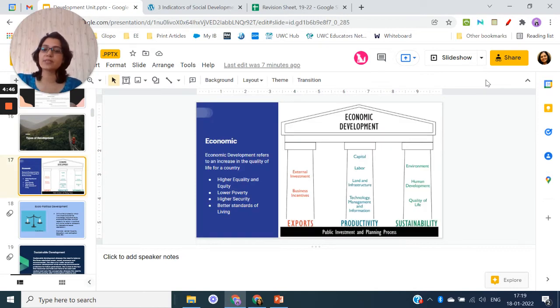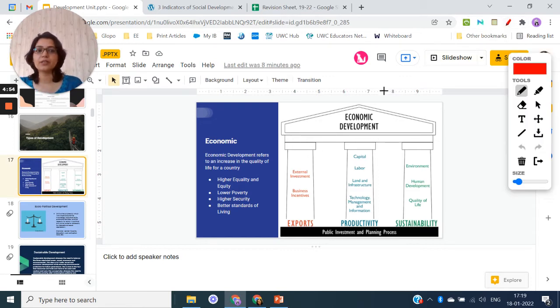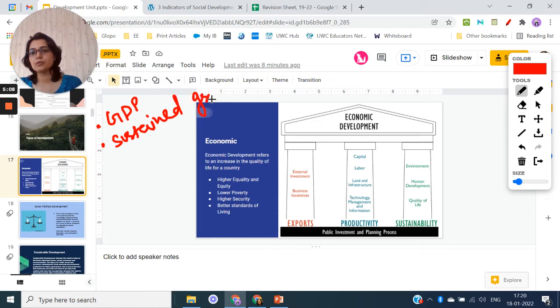So number one type is economic development. What do you think about economic development? When you are talking about economic development, you are thinking about GDP, right? You are thinking about sustained growth of income, right?